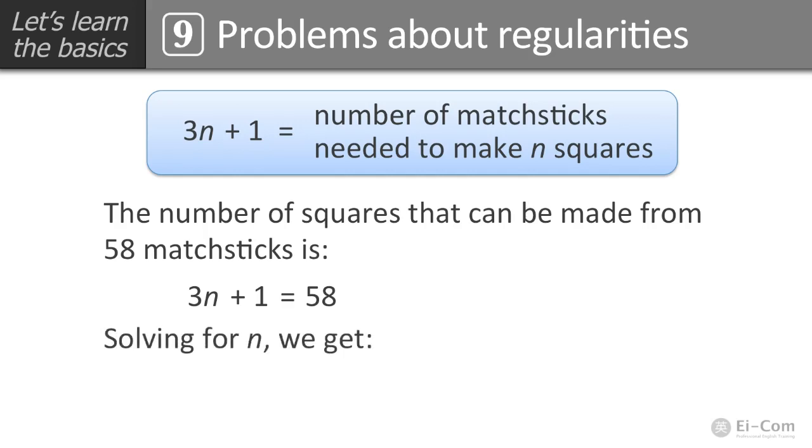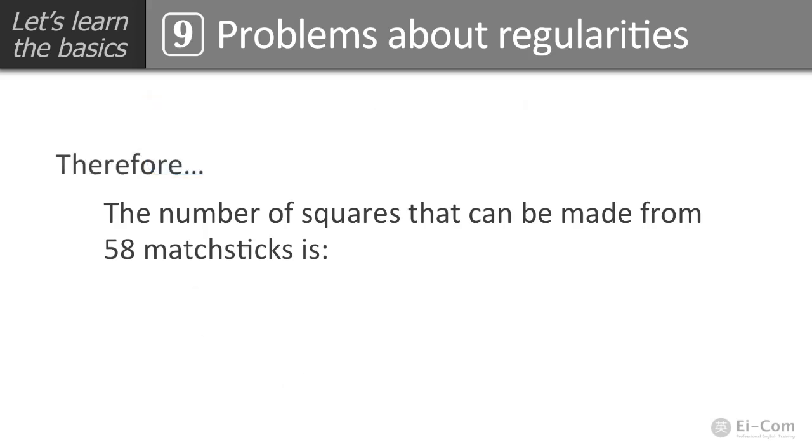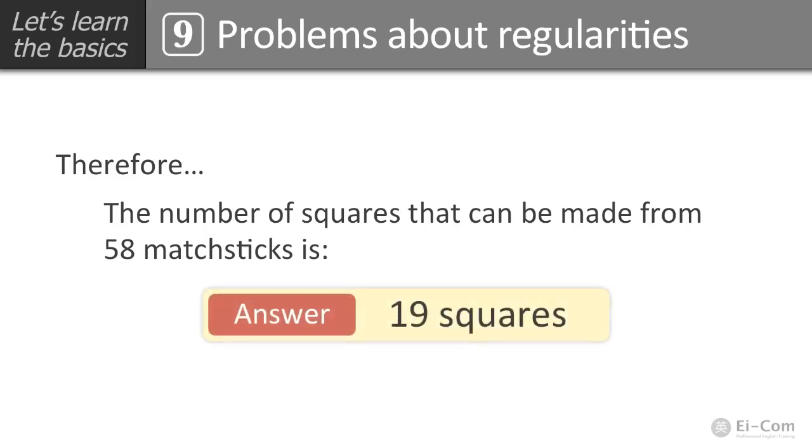Solving for n, we get n equals 19. Therefore, the number of squares that can be made from 58 matchsticks is 19 squares.